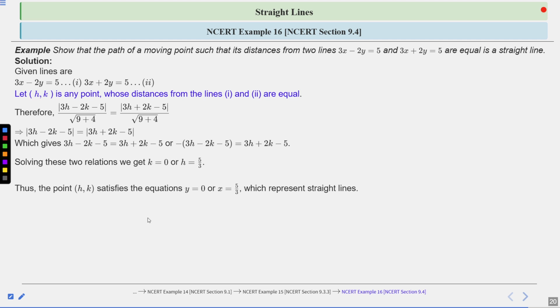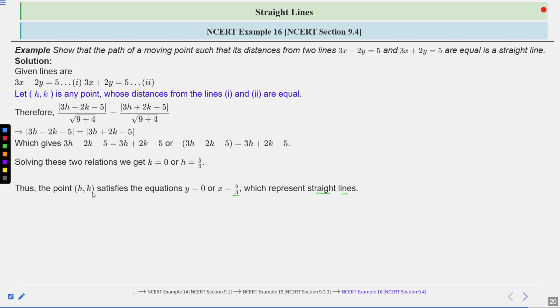So the point h comma k satisfies the equations y equal to 0 or x equal to 5 by 3, which represent straight lines. The point h comma k is a moving point such that its distances from the two lines 3x minus 2y equal to 5 and 3x plus 2y equal to 5 are equal, and we have to show the path of this moving point is a straight line.